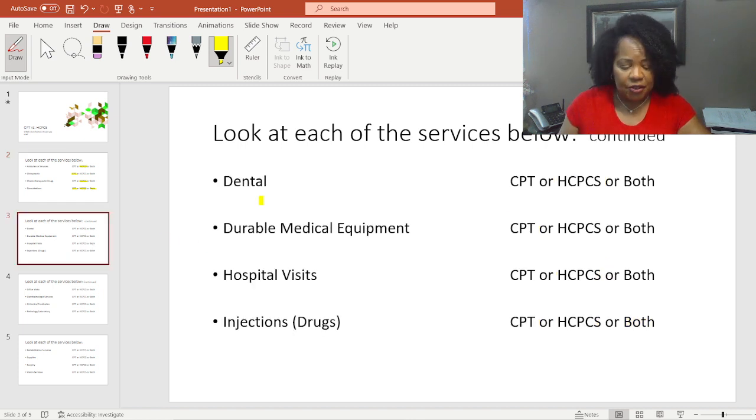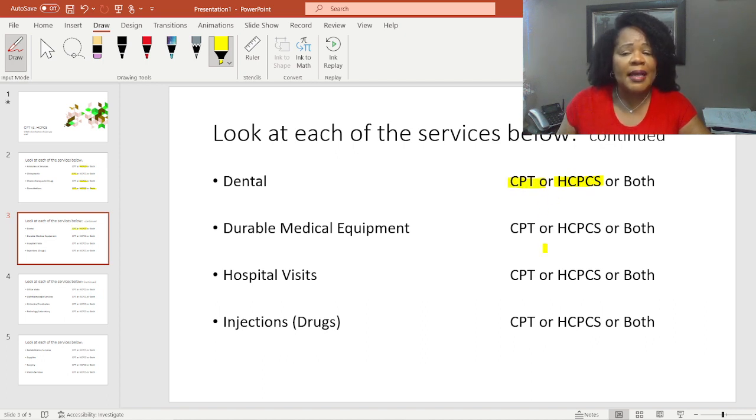All right, look at dentistry. We've had a lot going on lately with dentistry because in the past, dental services were always captured with HCPCS coding. Think about it. Fillings, cleanings. But we're seeing a lot of dental care go into medical care. And think about the dentist as a licensed MD specializing in dentistry.